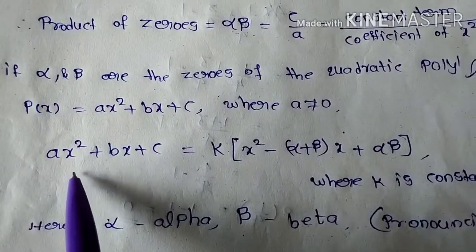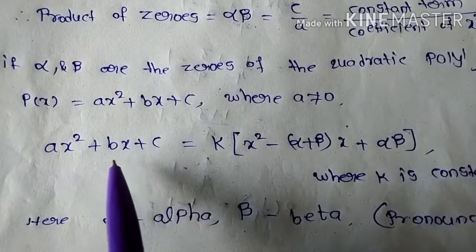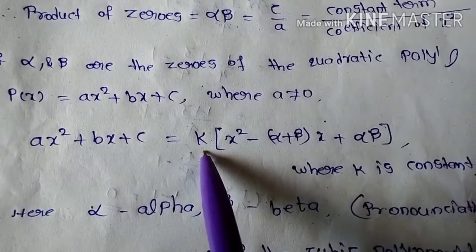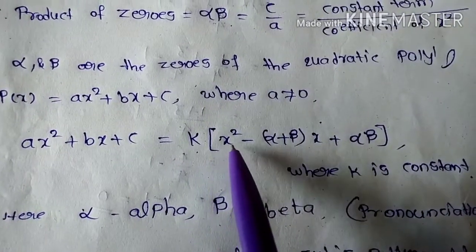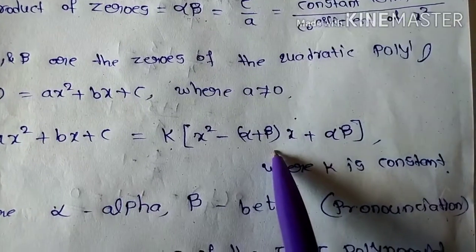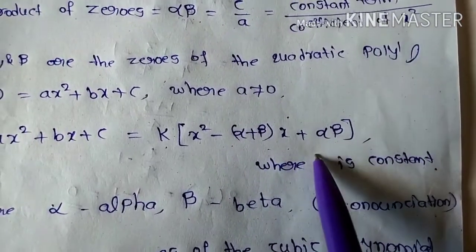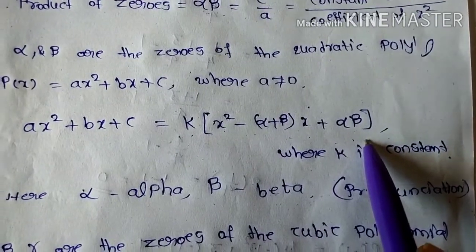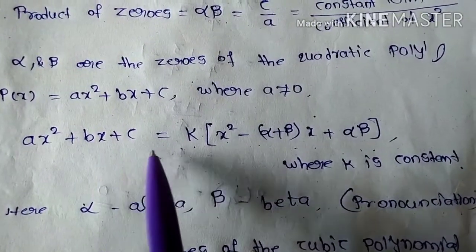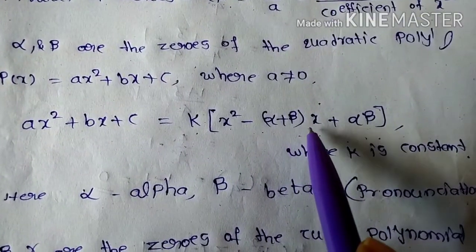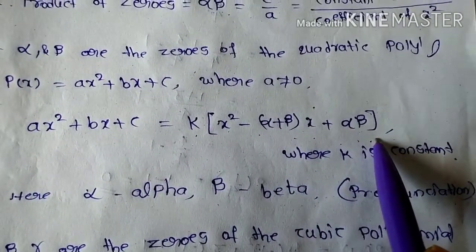That means I am representing here ax square plus bx plus c is equal to k into x square minus alpha plus beta into x plus alpha beta, where k is a constant.